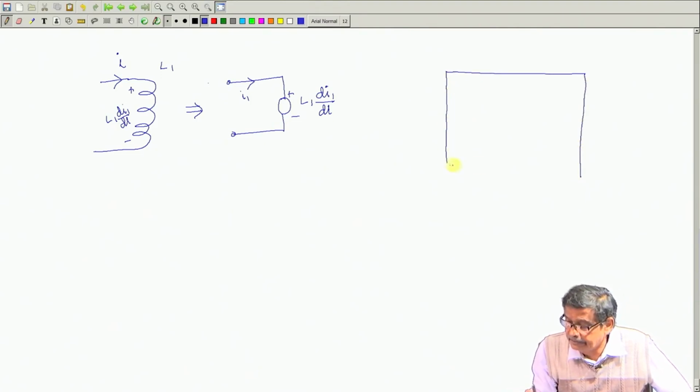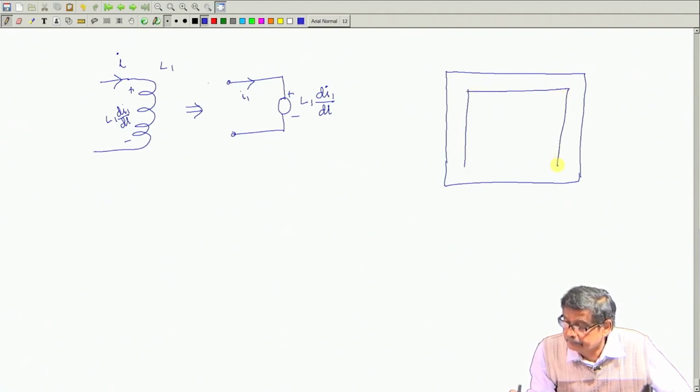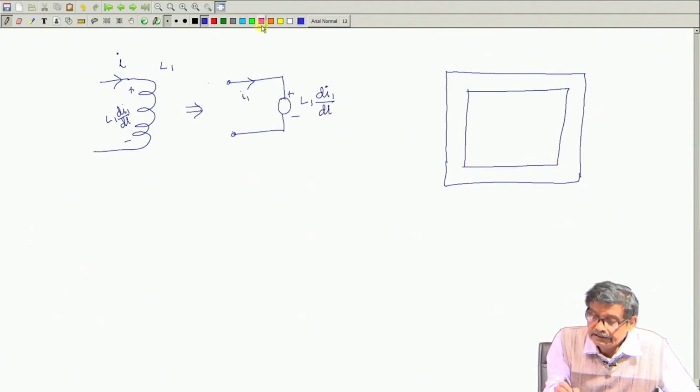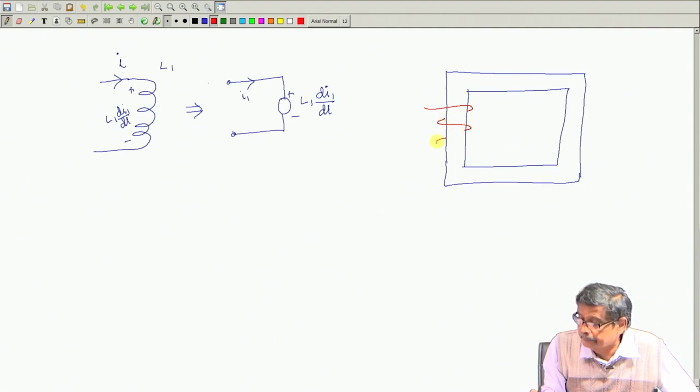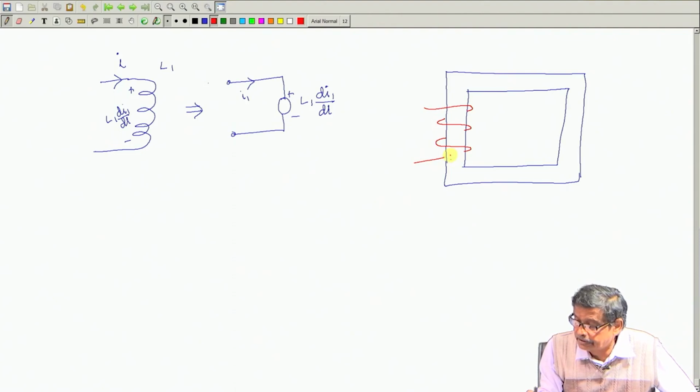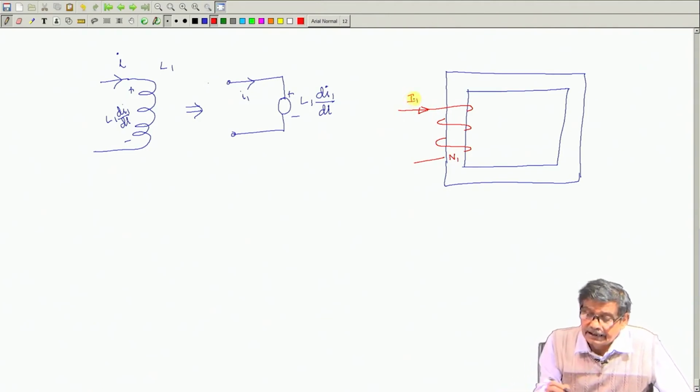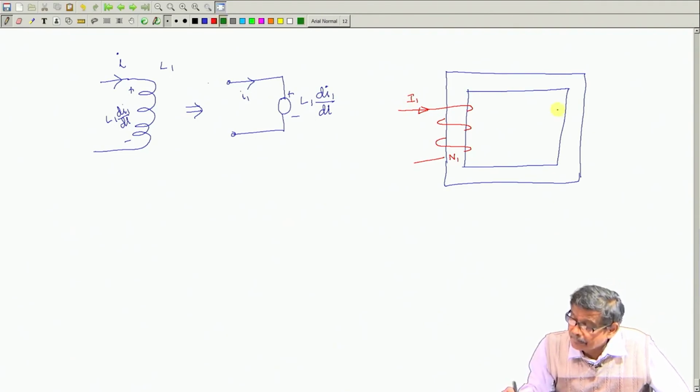This is your magnetic circuit. This is your coil number 1, with N1 turns, and it carries a current of I1, and suppose there is another coil like this, having N2 turns.